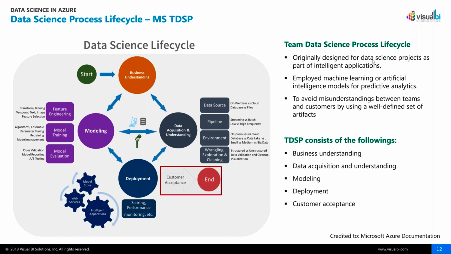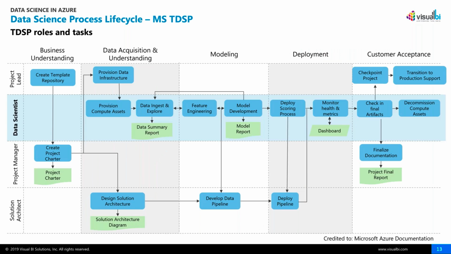So in short, the TDSP framework helps us to organize the efficient teamwork flow between the different roles and steps in the data science project, as we can see here. And then I can briefly introduce in the next slide the different roles and tasks in MS TDSP. So in this slide, as you can see, the tasks are shown in the blue squares.